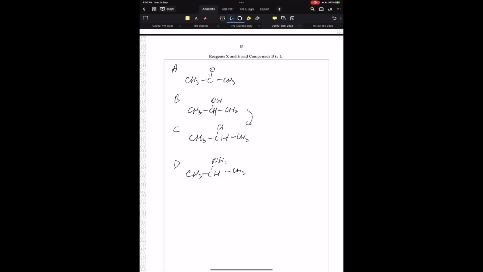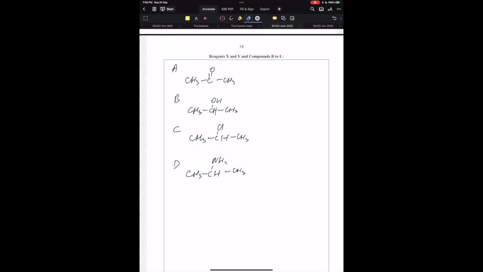So from here to here you would need to use SOCl2, or you could use PCl3, or PCl5. This is just a characteristic substitution of a hydroxyl group into a chlorine group. And then here is a substitution where you use NH3, ammonia, and it would have to be alcoholic. So that also happens to be our reagents X and Y.